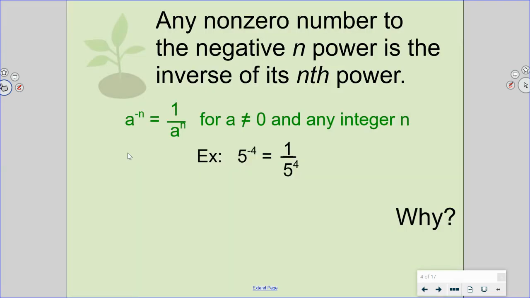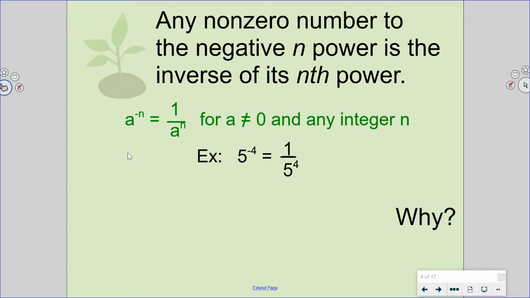Now, here's the kicker. Any non-zero number, and it's important that it's not 0, because after all, you cannot divide by 0. That's nonsense. Any non-zero number raised to the negative n power is the inverse of its nth power, meaning a to the negative n is the same as saying 1 over a to the nth power.